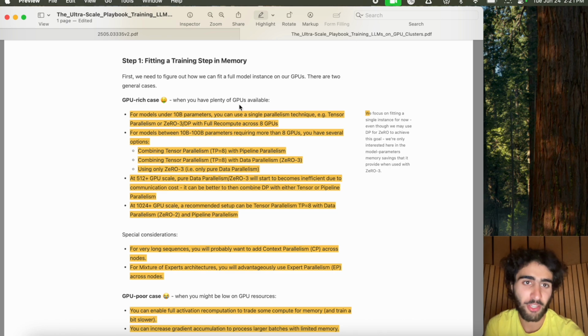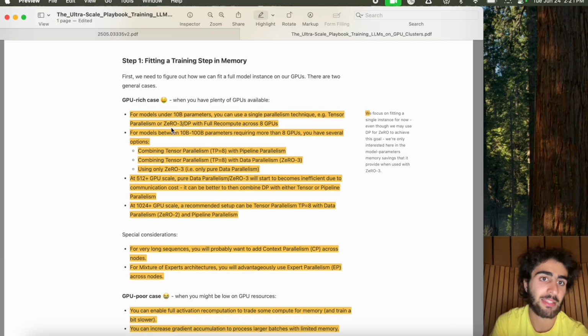So if you have many GPUs, then for a model under 10B parameters, it's possible to just do a single parallelism technique on one node, such as ZeRO optimizer stage 3, tensor parallelism, or combined with data parallelism. And this is using full activation recomputation to reduce the activations, on one node. Then for 10 to 100 billion parameter models requiring more than 8 GPUs, there are several options: tensor parallelism up to 8 GPUs, so within the node, with pipeline parallelism, in addition to TP with ZeRO-3.